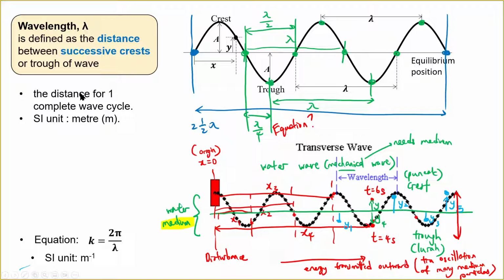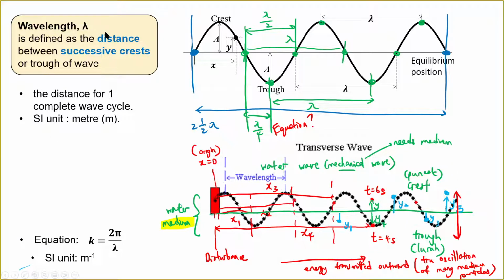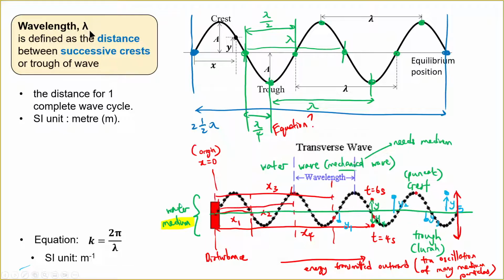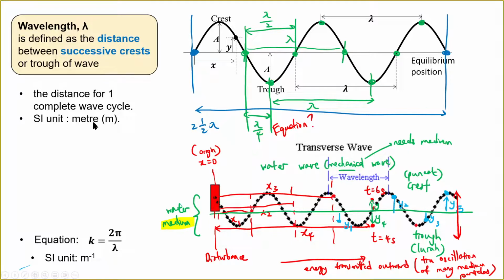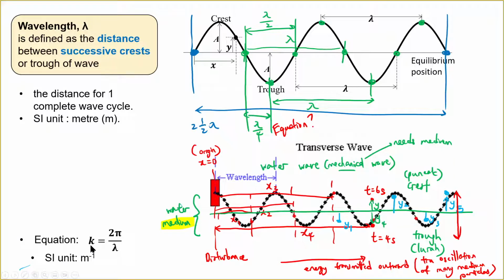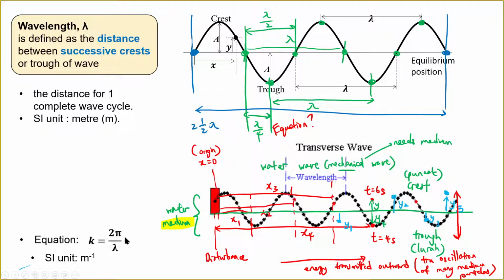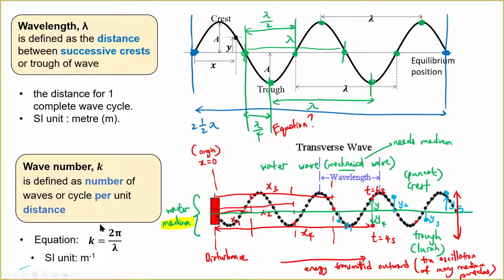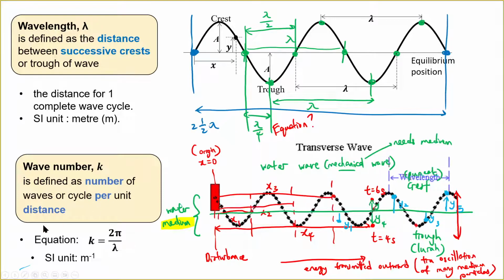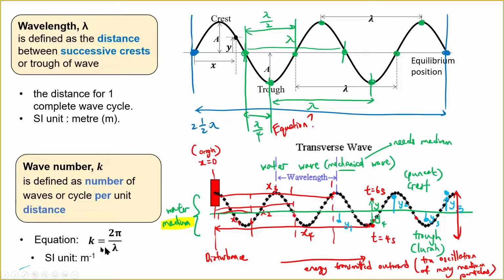Good. So it's the distance for one complete wave cycle. So the wavelength is lambda. Have you seen this symbol lambda before? It's called wavelength. You need the meter. And then we have one equation, k equals 2 pi over lambda, which is called the wave number, the number of waves per unit distance.